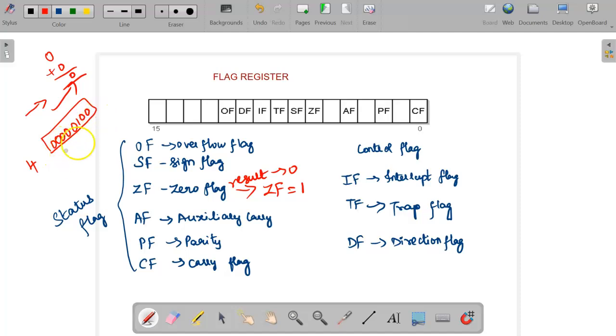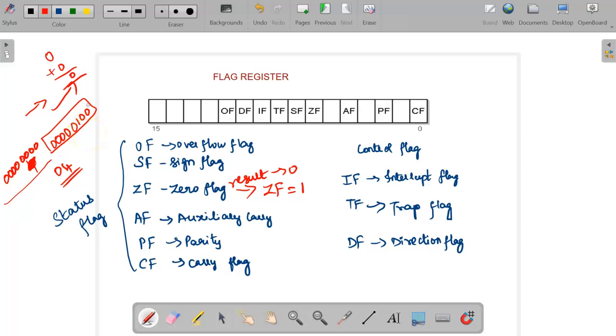The upper 8 bits are all 0, and the lower 8 bits we have like this. So totally it is a 0, 4 value. Why? Because here it is 0, 1, 0, 0. How many ones are there? Only one 1 is there, so it is an odd number of ones.